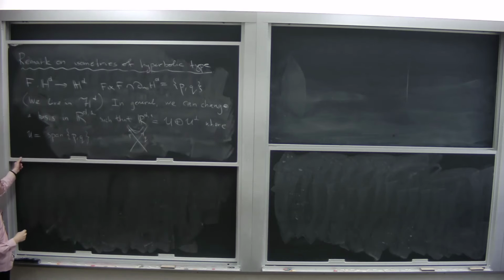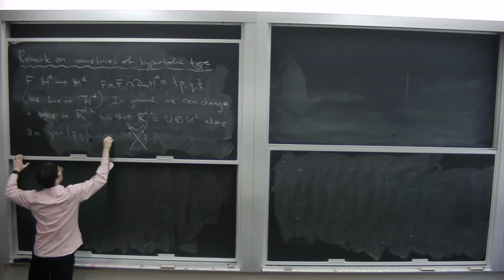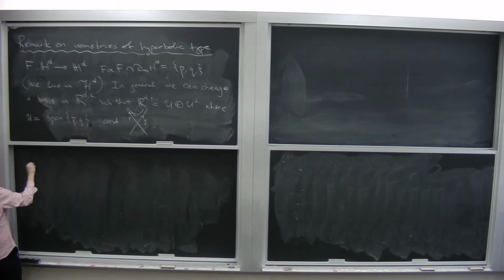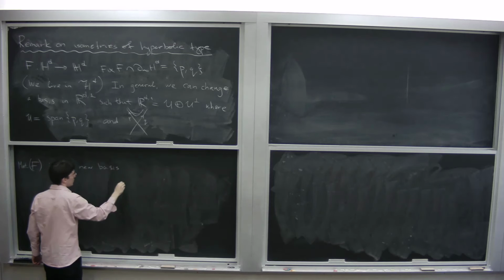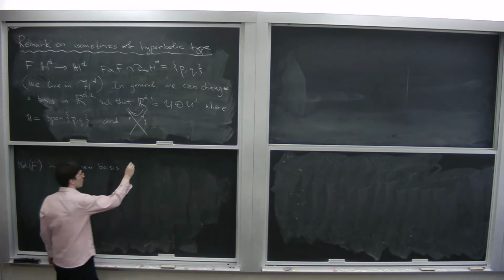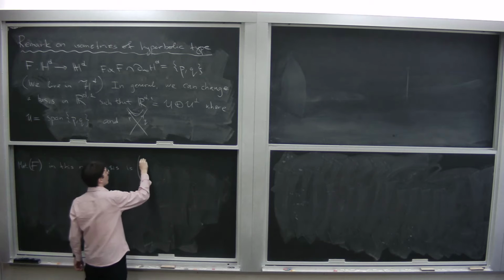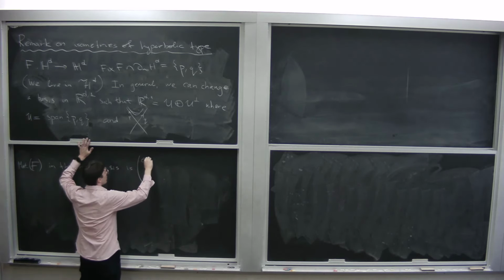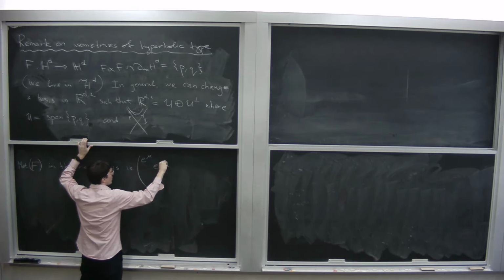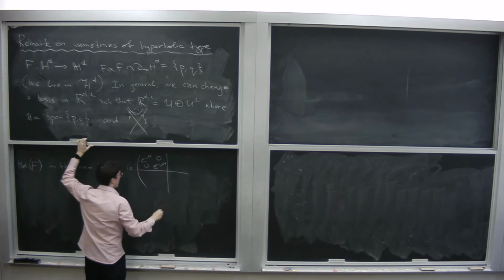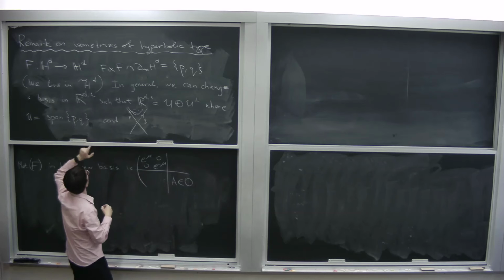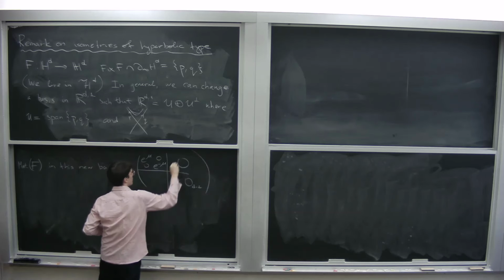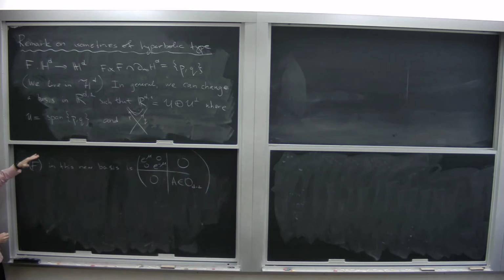In this basis, I will write the matrix of F. It has a two-dimensional block with e to the mu, e to the minus mu, 0, 0, and here I have the matrix A from the orthogonal group of order D minus 1, and this is 0 and 0. So this is a hyperbolic isometry.